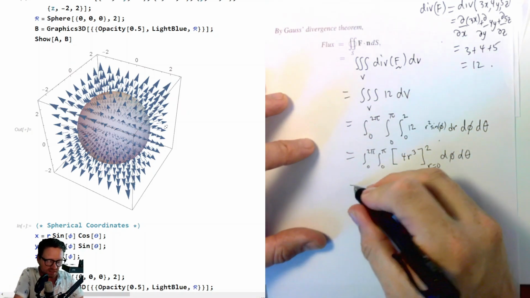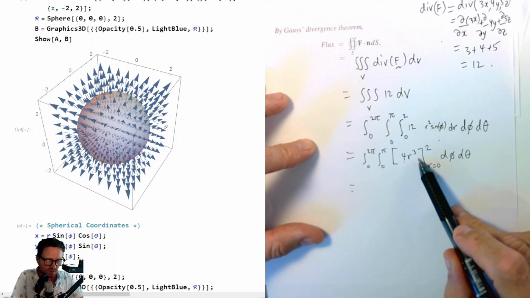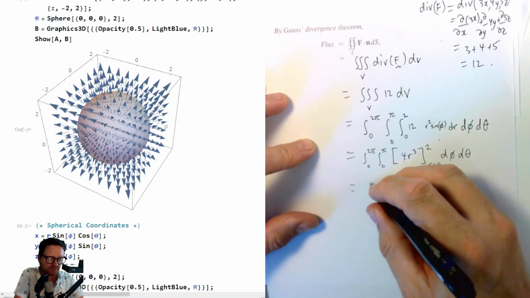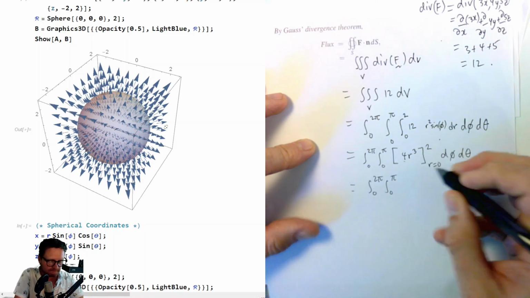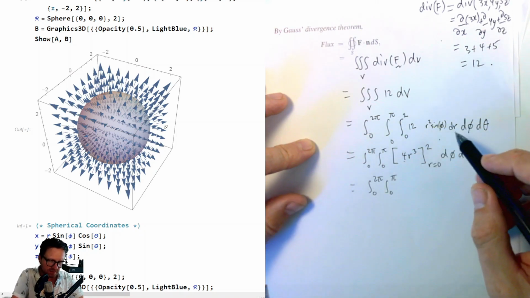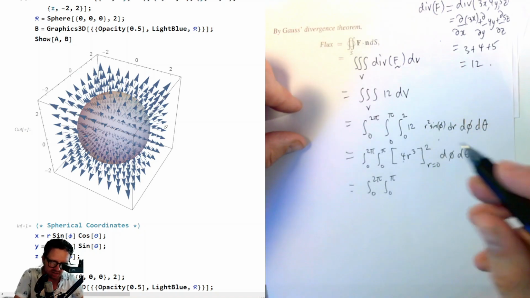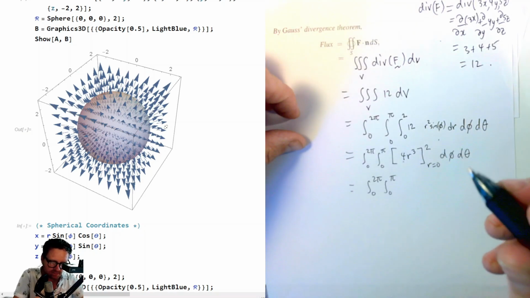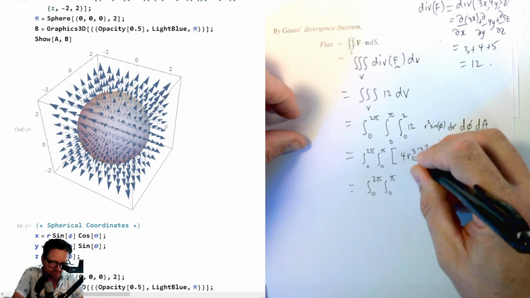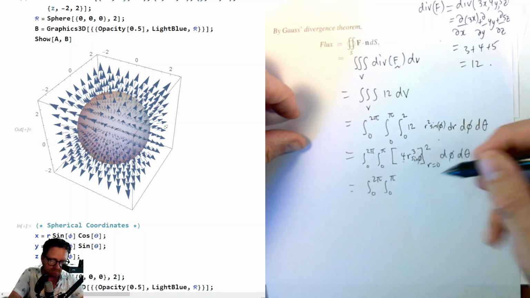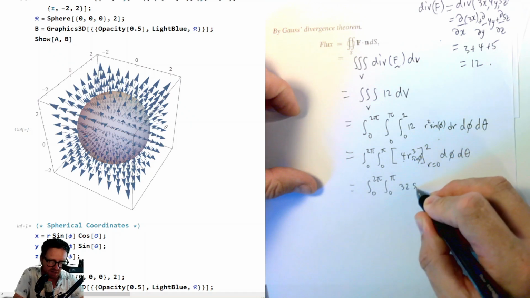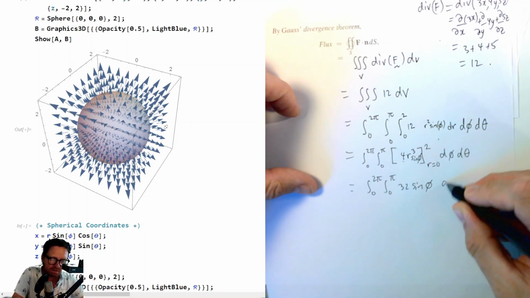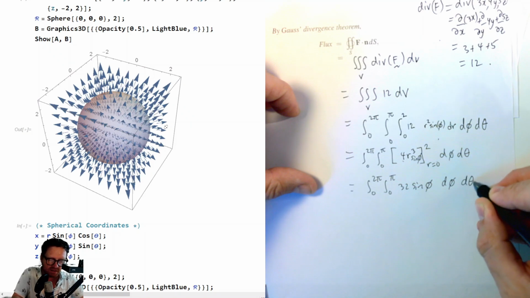Okay, we've got to sub this in. So 4 times 8 is 32. Oh, and have I included, I haven't included sine phi, have I? Okay. So then we need 32 sine phi d theta.